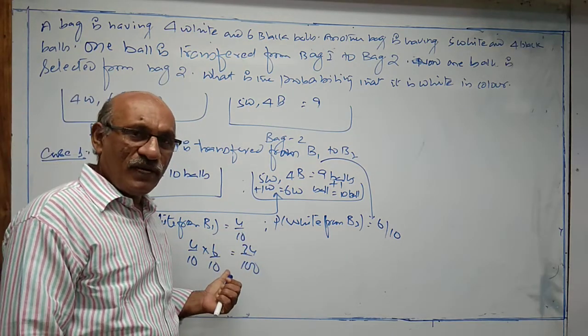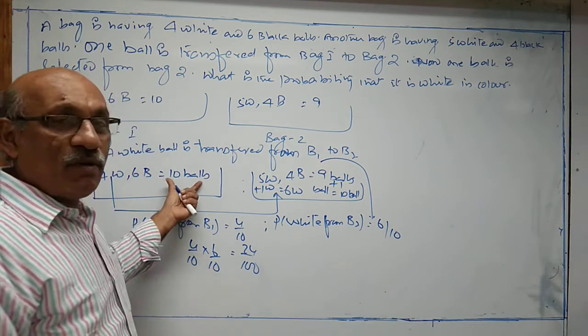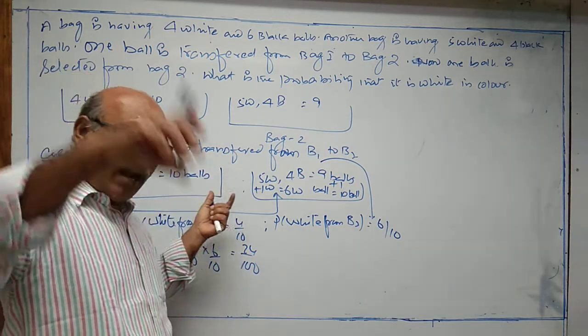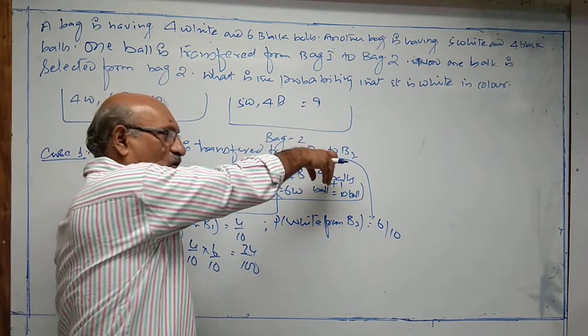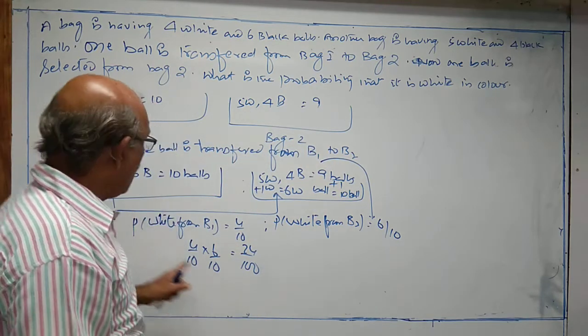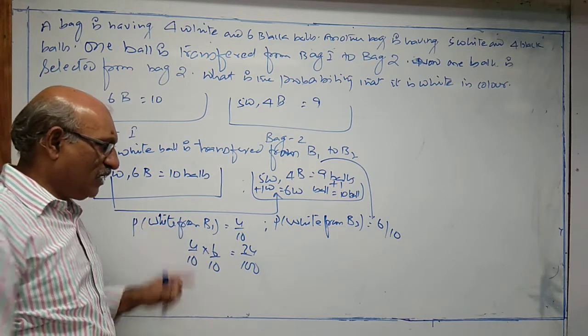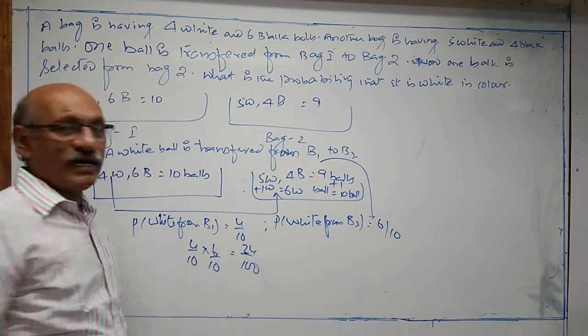Here joint probability I am calculating. After drawing white ball from the first bag, it is dropped in bag number 2. So 2 actions are performed by you. Therefore probability is 24 divided by 100.